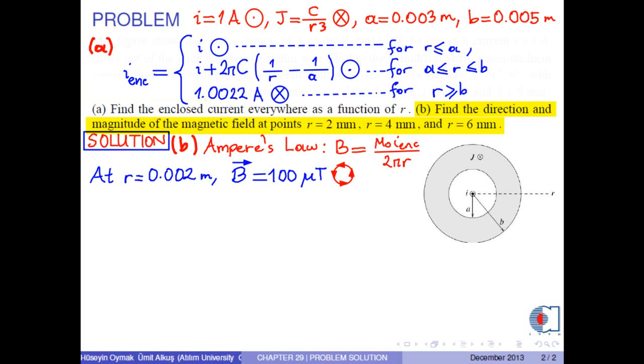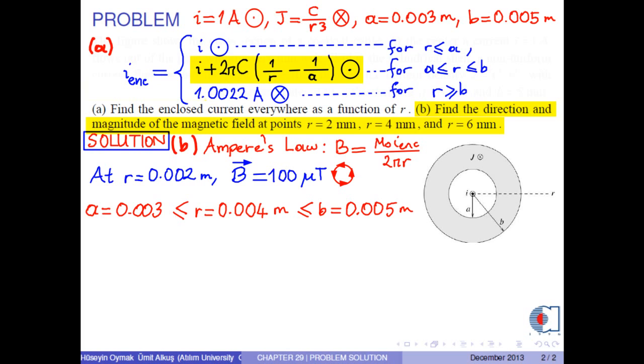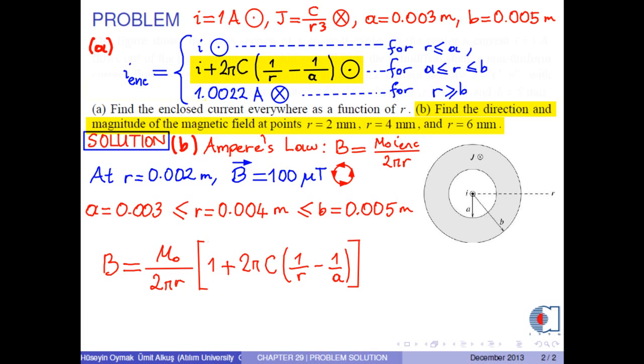At r equals 4 mm, which is 0.004 meters in SI units, greater than a and less than b, the enclosed current is I plus 2 pi C times (1 over r minus 1 over a), which is out of the screen. Therefore, the magnetic field is the following. Now we can substitute the numerical values into this formula.